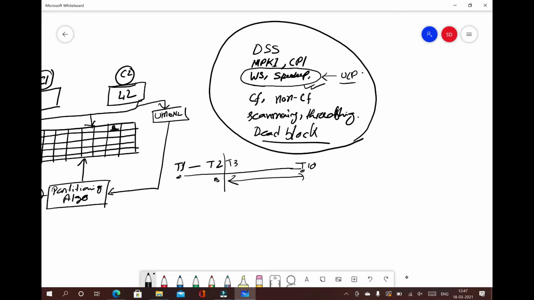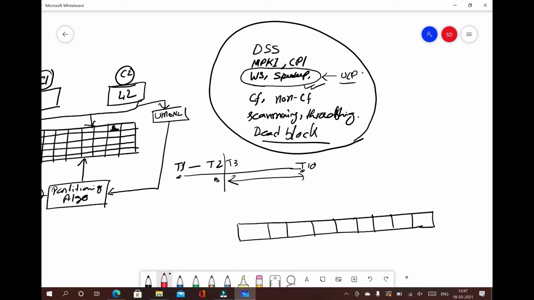Now if I go to the limitation of UCP, let me explain with just one set. Suppose this is a set and there are multiple ways in this set, and suppose the ways are divided like 5,3. Suppose there are 8 ways: 1 2 3 4 5 6 7 8. The partitioning is 5,3.